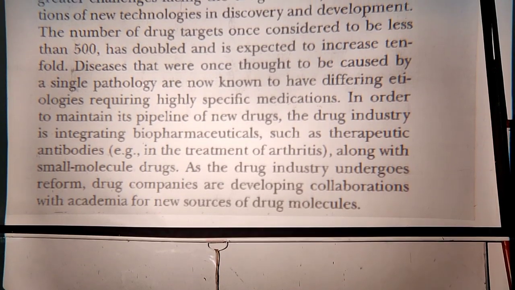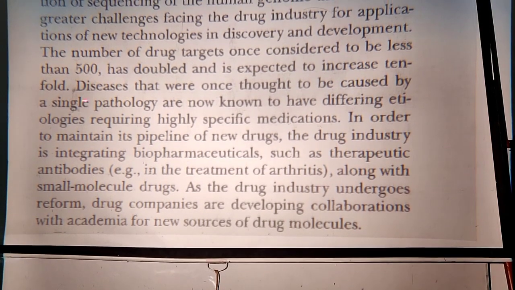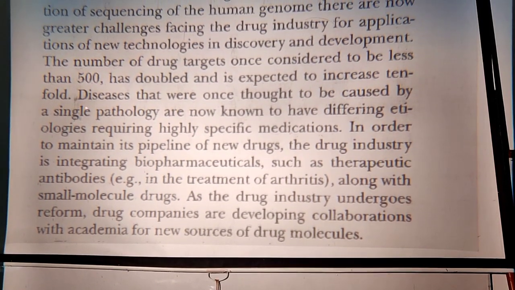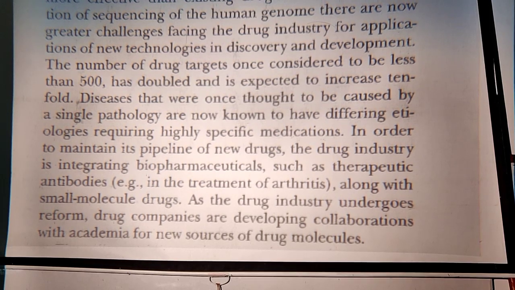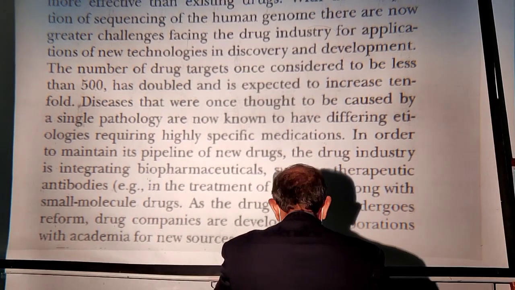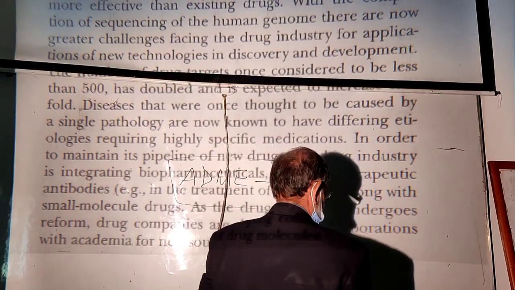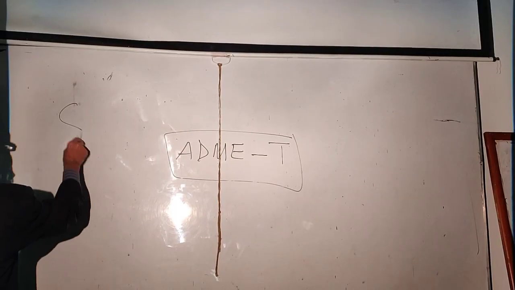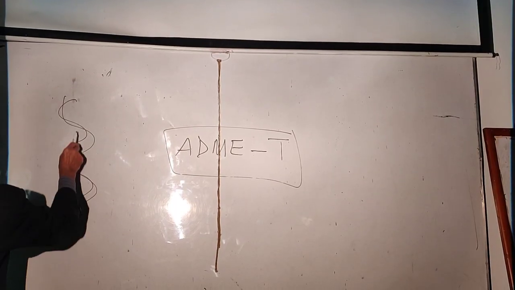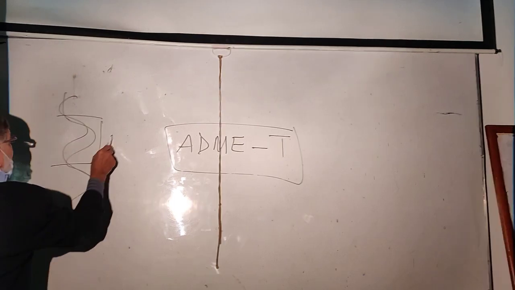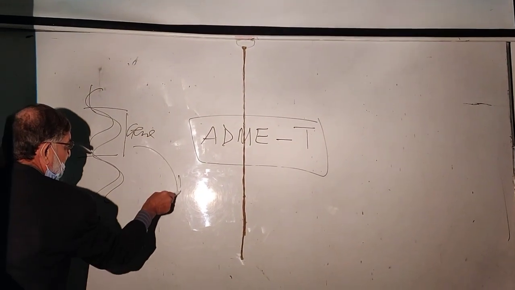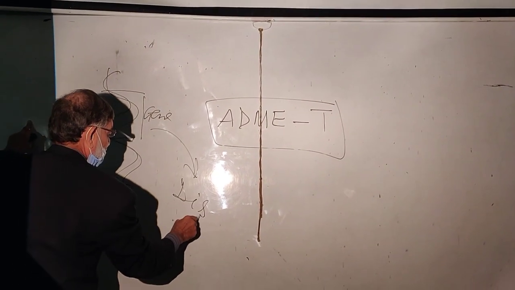Previously, there was only one gene responsible to produce the disease. I would like to explain it this way: if this is the DNA molecule and this is one gene, it is producing a disease.